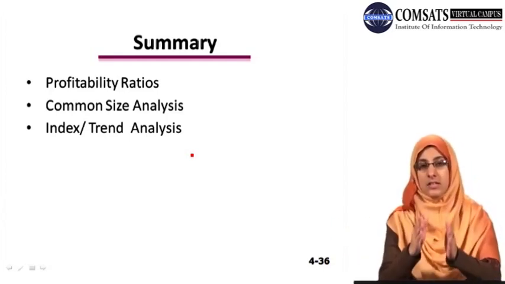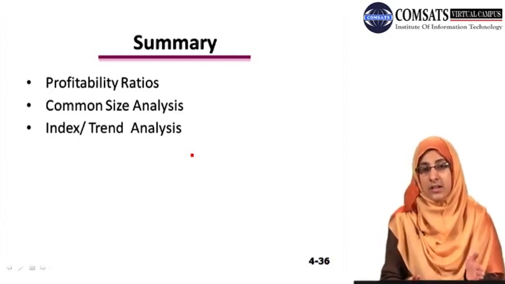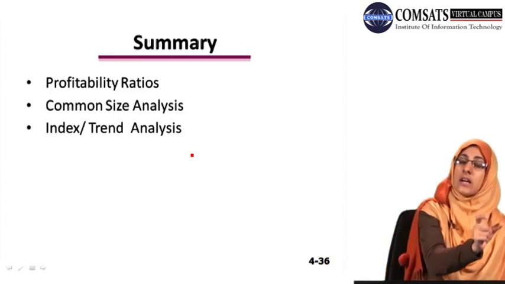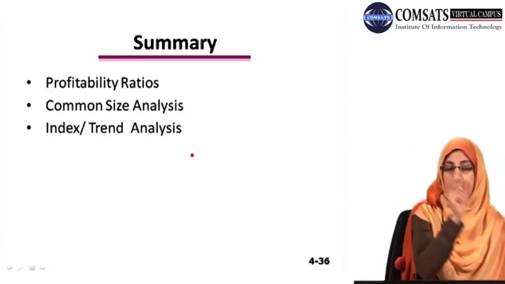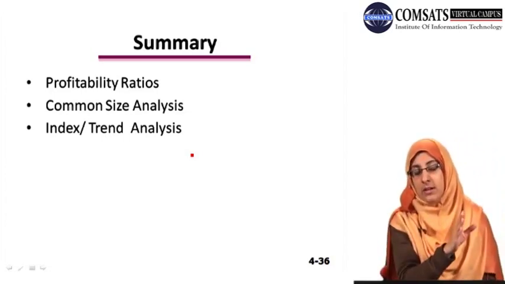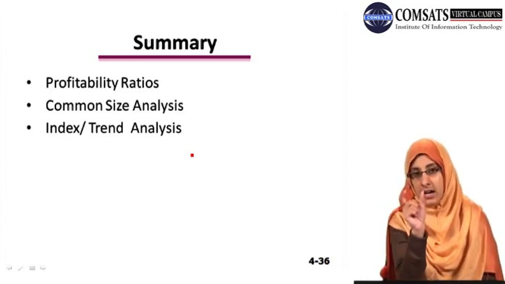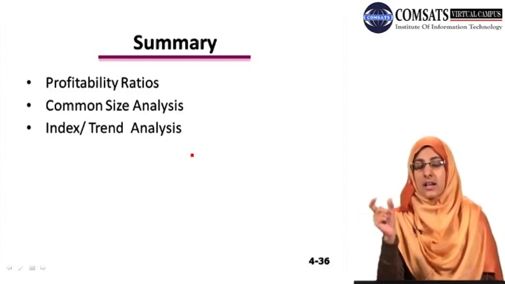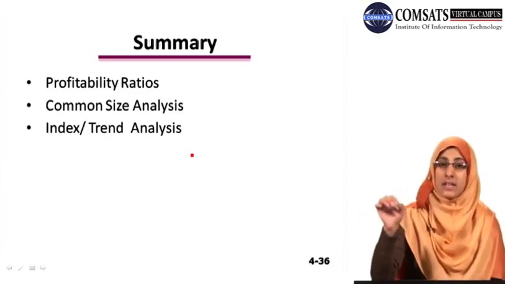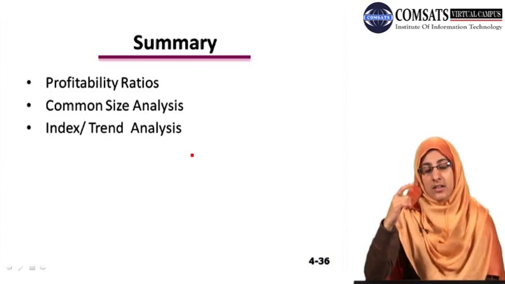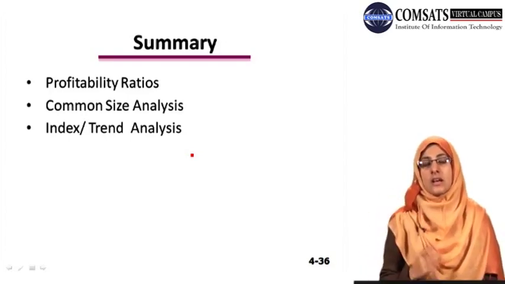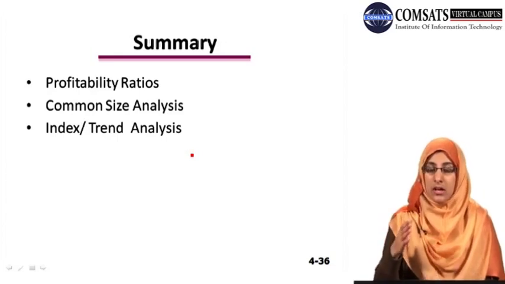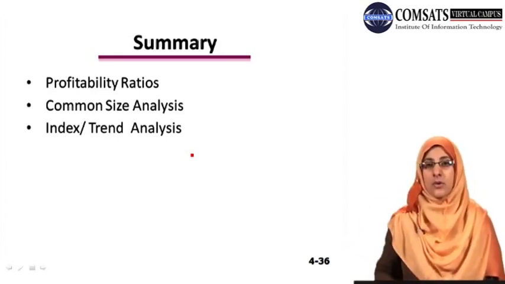For example, जो 2011, 12 and 13 थी, 2011 अगर base year है, तो हम each item of 2011 will be divided by your base year value, that is 2011. तो 2012 अगर 2011 हमारा base year है, तो 2012 का हर item will be divided by your base year item. 2013 का हर item divided by your base year item, multiply by 100. So we found out that current year over base year into 100 helps you to find out the value of your trend over the number of years.